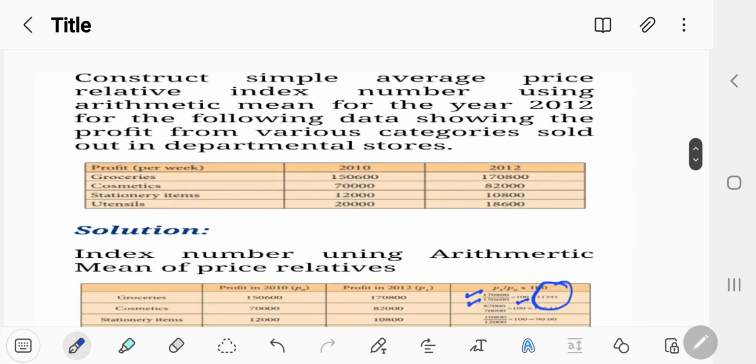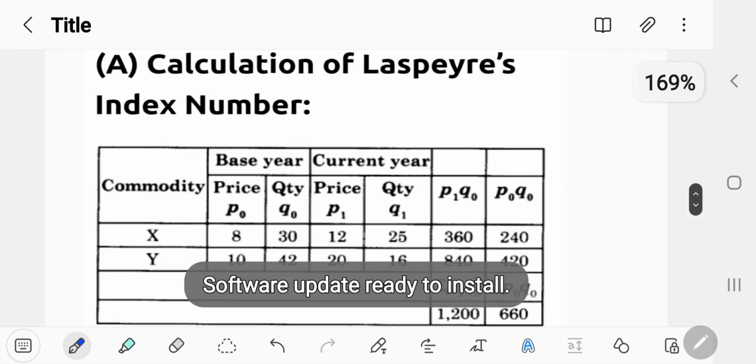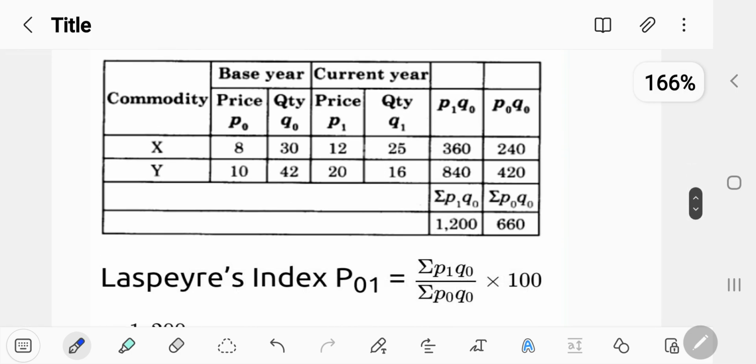I will show you an example of Laspeyres index in which we are being given price of base year, price of current year, similarly quantity of base and quantity of current. Now here simply I am not adding price of current year, neither I am adding price of base year. First I am multiplying them with the weight.